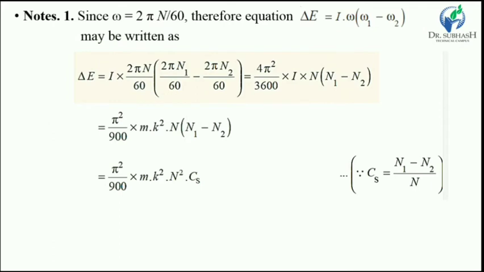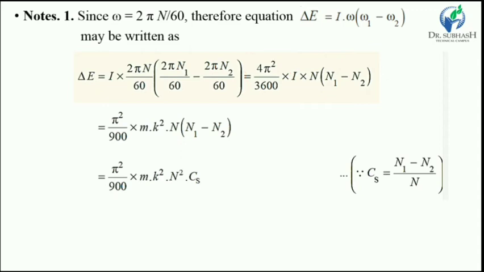If we commonly take 2 pi upon 60 from the bracket, and it is multiplied with the other 2 pi upon 60, so 4 pi square upon 3600, and I into N in bracket (N1 minus N2).